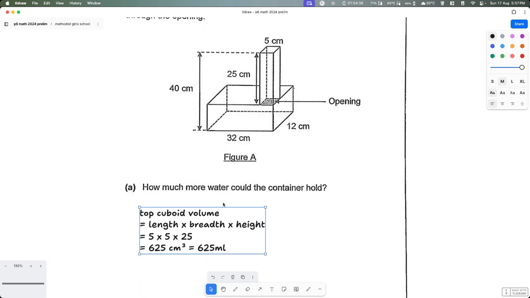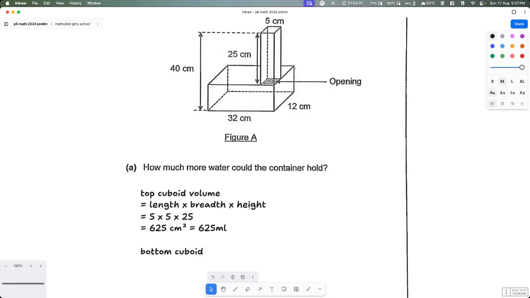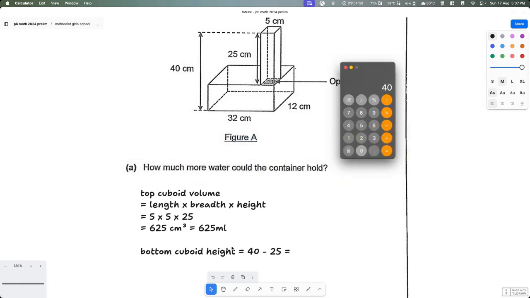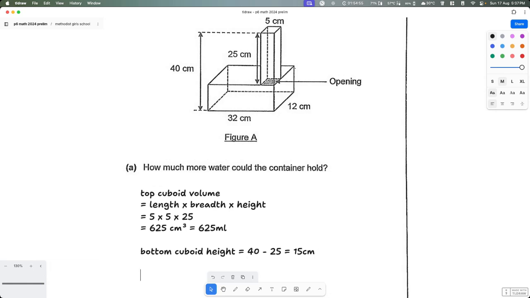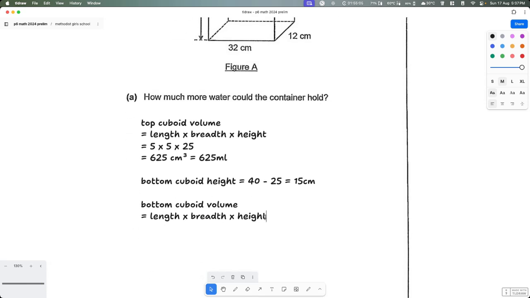Then we have the bottom one. So bottom cuboid height is equal to 40 minus 25. Okay, so 40 minus 25 should be 15, right? 15 cm. So same thing as this. So bottom cuboid volume is, the length is 32, the breadth is 12, and the height is 15.